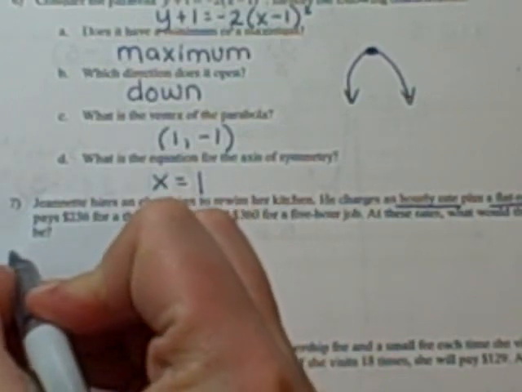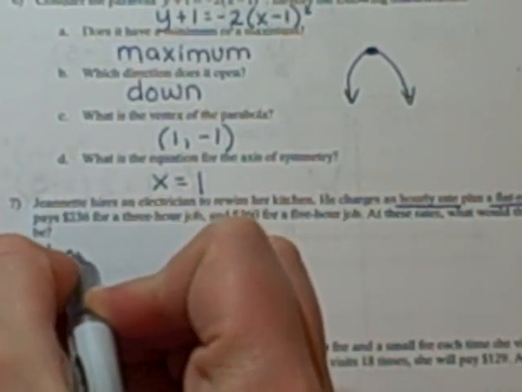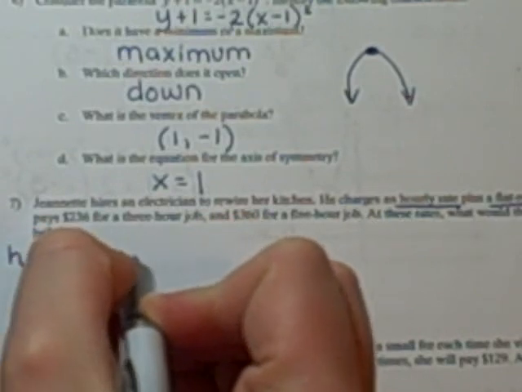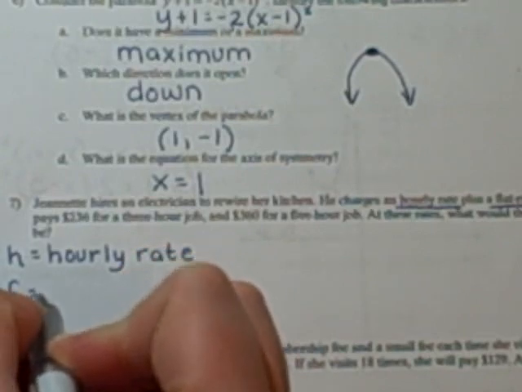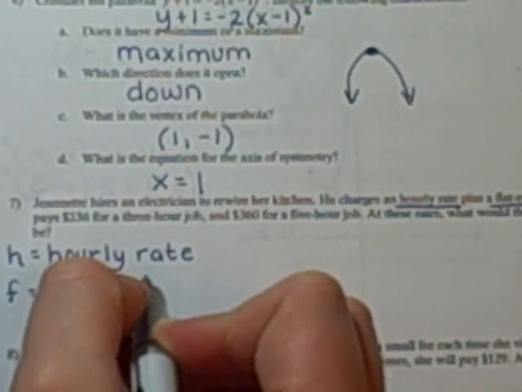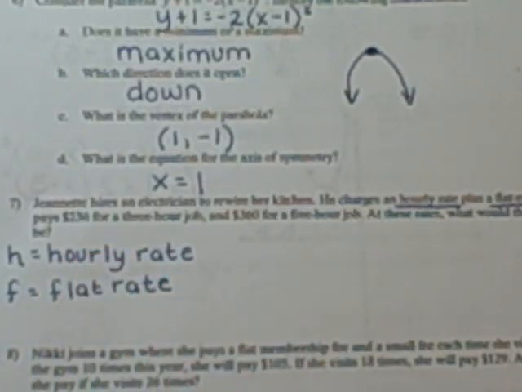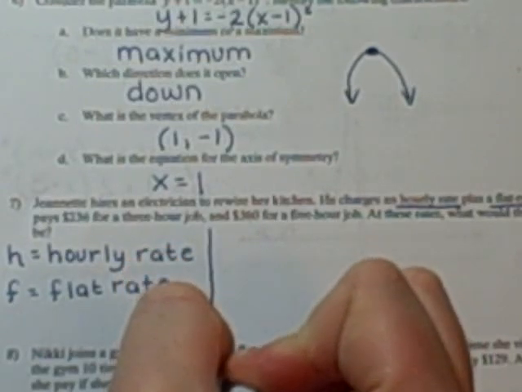So I'll start by defining my variables. I'm going to say h is my hourly rate. And f is my flat rate. I'm going to try really hard to stay organized on this problem because there's a lot going on here. Okay, so there's my variables.